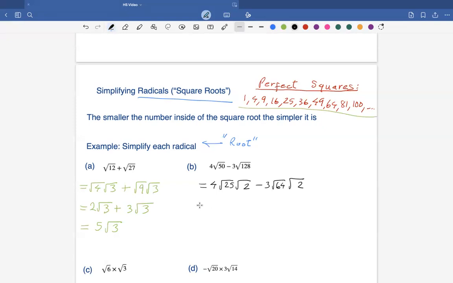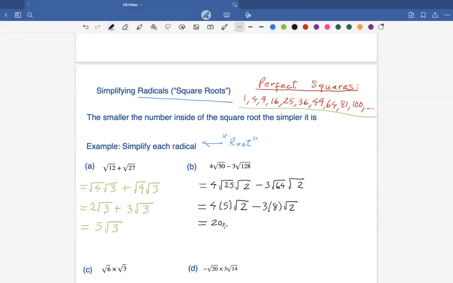Now I simplify. I have this 4 at the front. I leave that there. Square root of 25. A number times itself gives you 25. That's a 5. Square root of 64. I'm looking for a number that I can multiply by itself to give me 64. That number is an 8. So I have these.